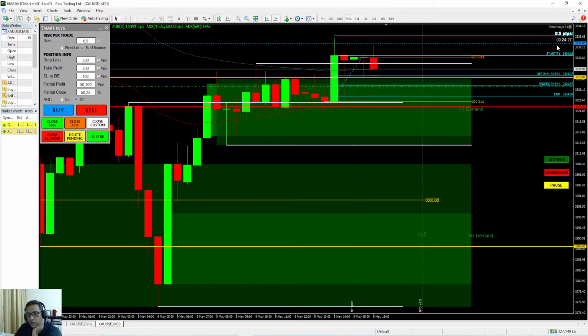We couldn't get to 337. Trying to push back down now. Anyway, this is the area I'm managing risks. 3322. We break the low, or close partial positions, close below 3322, close everything.